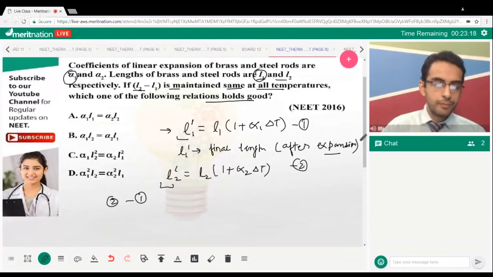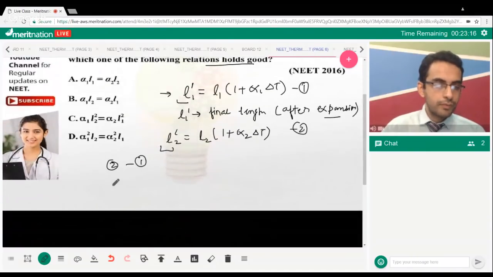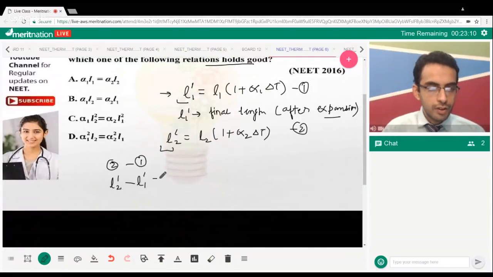So what do you get? Simply L2 dash minus L1 dash is equal to L2 into (1 plus alpha 2 delta T) minus L1 into (1 plus alpha 1 delta T).